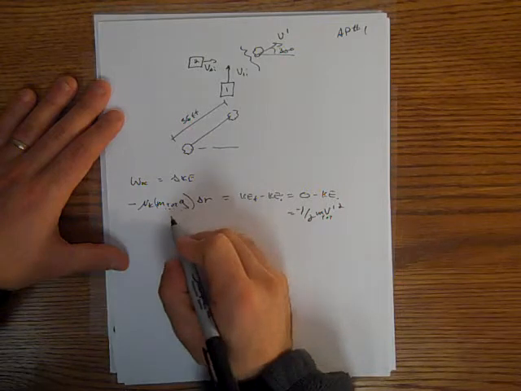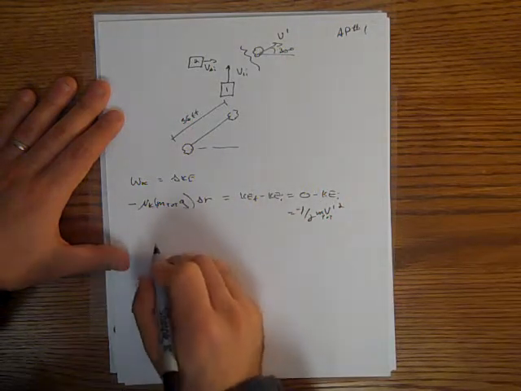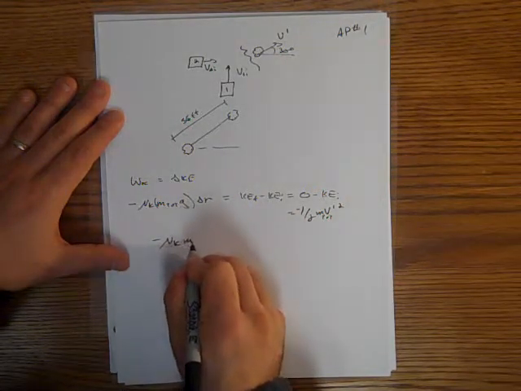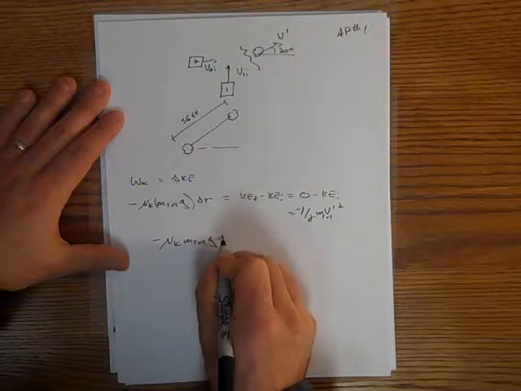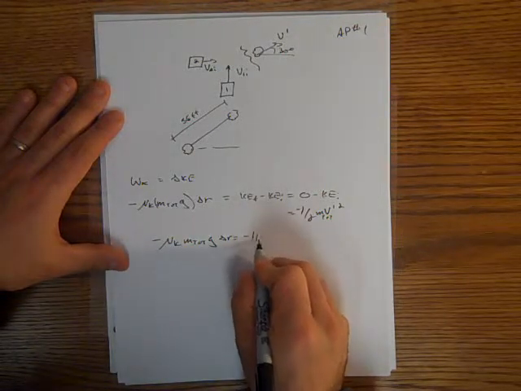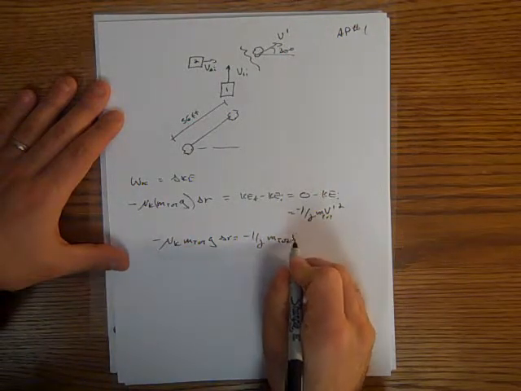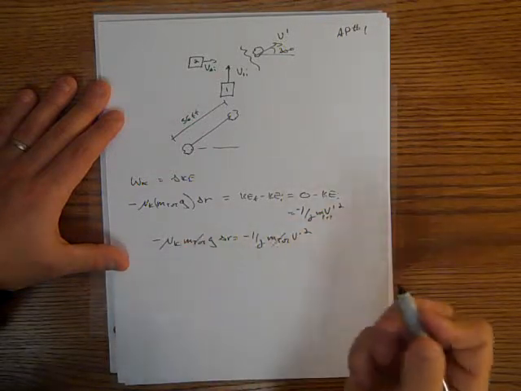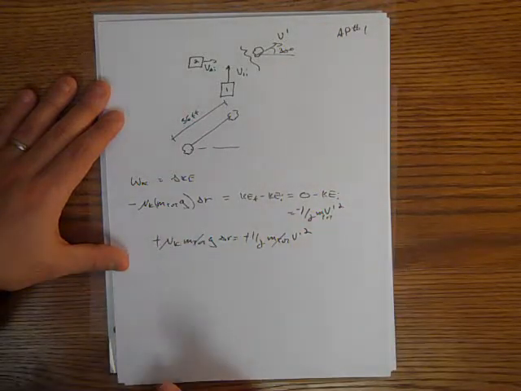So let me be more explicit: minus mu sub k, m total, g, delta r is minus 1/2 m total, v prime squared. Masses cancel, minus signs cancel.